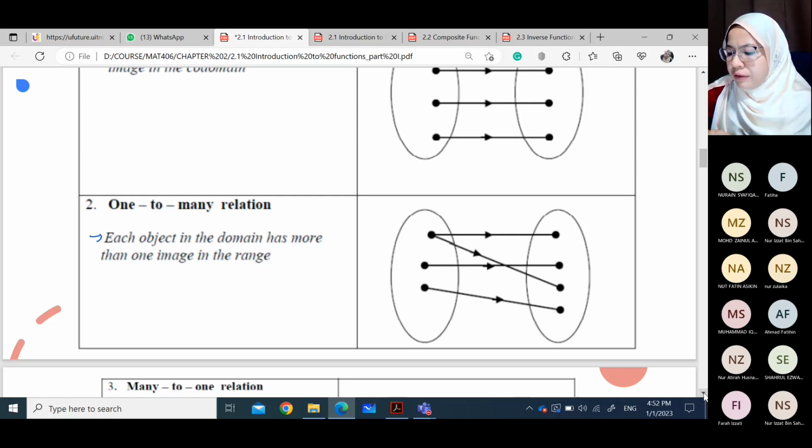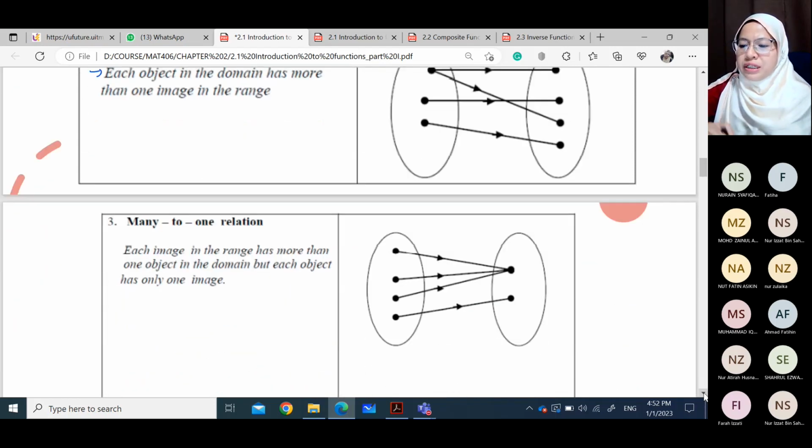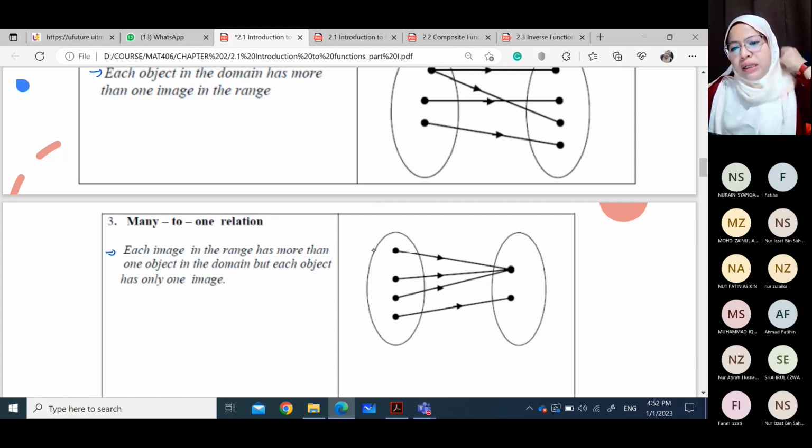So next we have many-to-one relation. Many-to-one relation means each image in the range has more than one object in the domain, but each object has only one image. So dekat sini, it means that we have many objects and it mapping to one image ataupun one range.